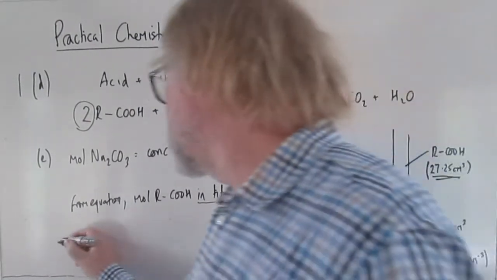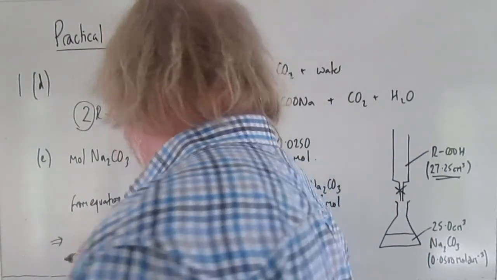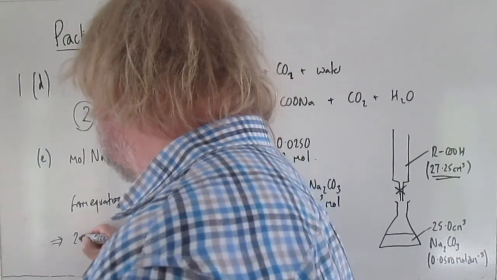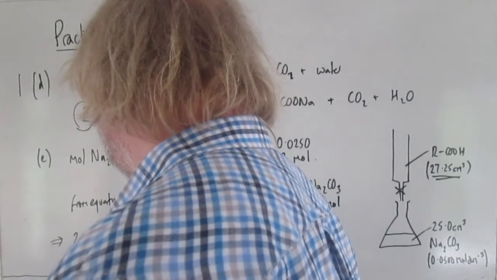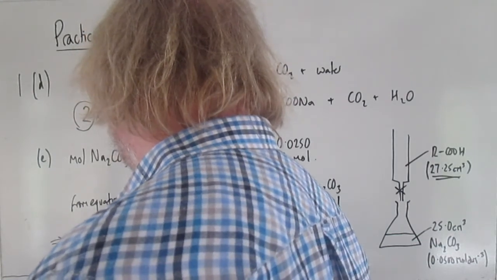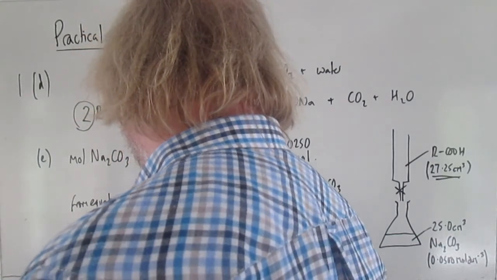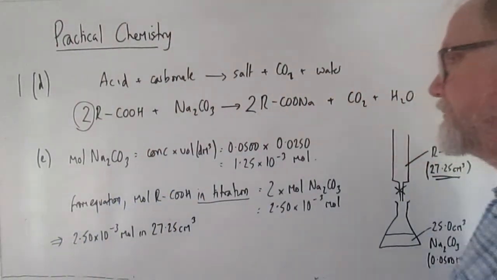So what we therefore have is 2.50 times 10 to the minus 3 moles in 27.25 cm cubed.